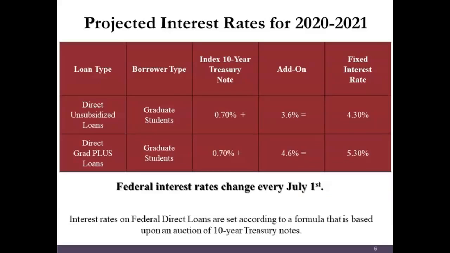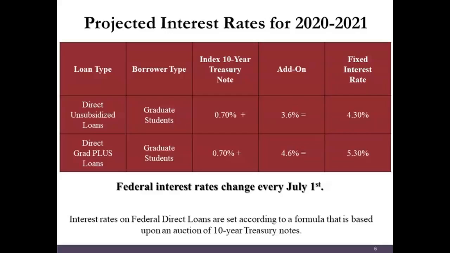However, the big thing to keep in mind is that because your loans are disbursing before that date, for the summer quarter, you will for sure have the old interest rates, which is 6.08 for the unsubsidized and 7.08 for the grad plus. However, our office is currently talking about reprocessing students so that you can get the better interest rate for fall, winter, and spring.